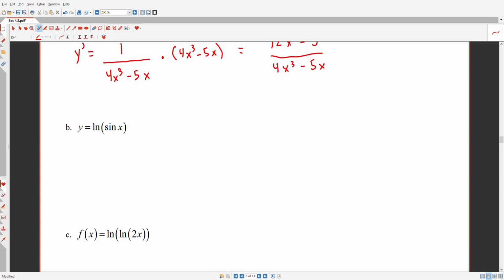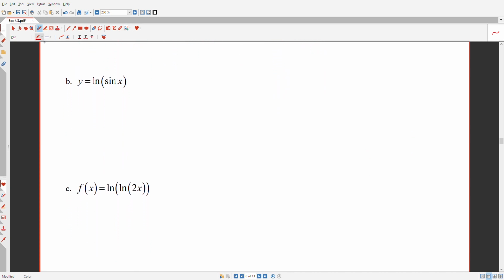All right, here's a good one. Maybe we'll make our third popper question this one. So let's make part B. This is popper question 3. What is dy dx for this example? Is it A, cosecant x? Is it B, oh, I don't know.